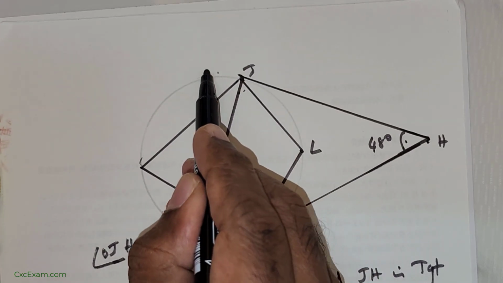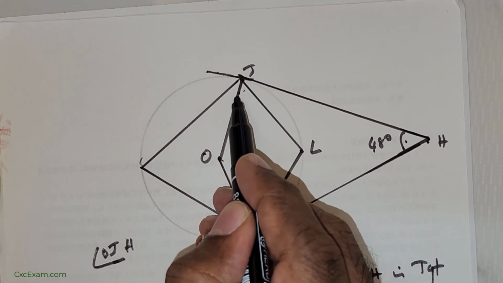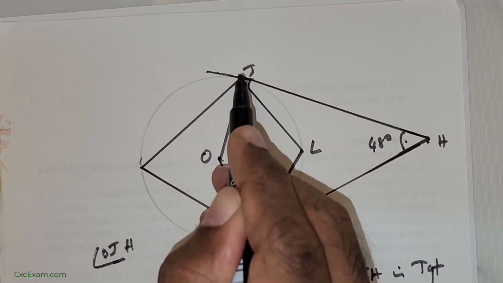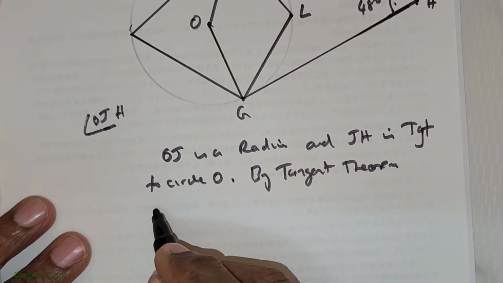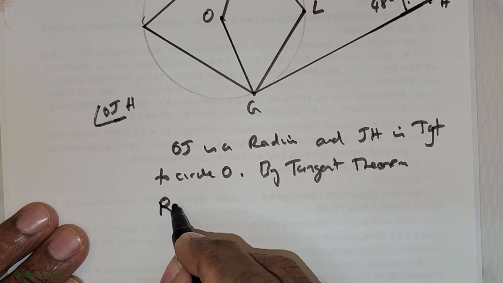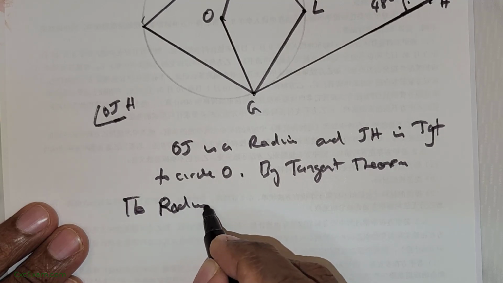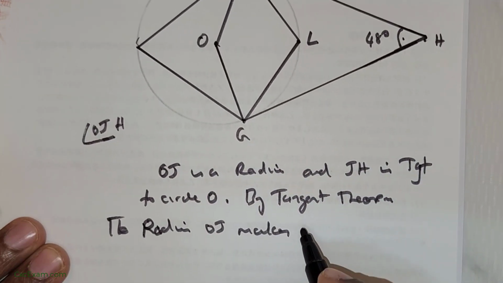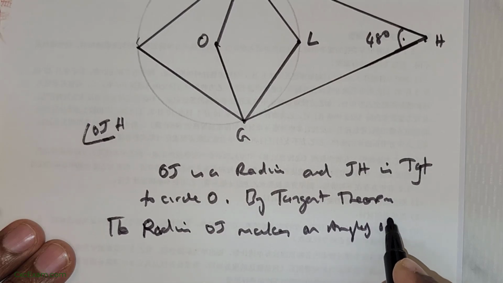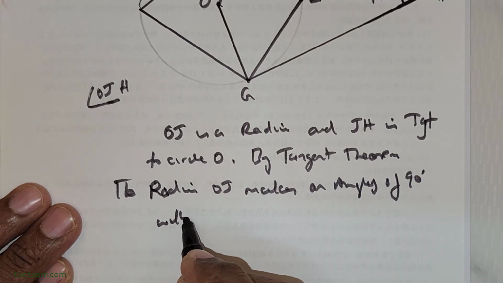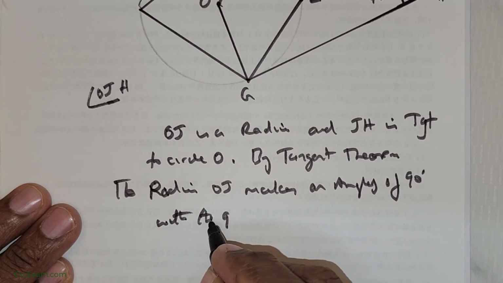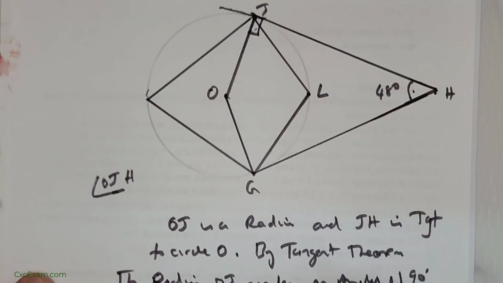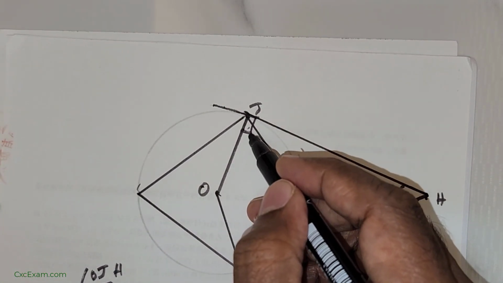The line is stretching like this, and the radius OJ is meeting the tangent at J. So by tangent theorem, the radius OJ makes an angle of 90 degrees with the tangent. Okay, so this is 90 degrees.